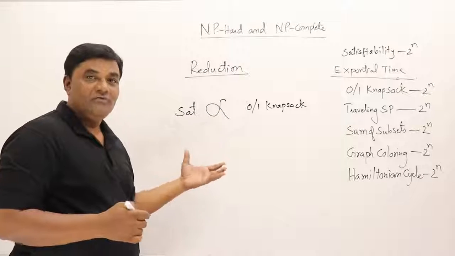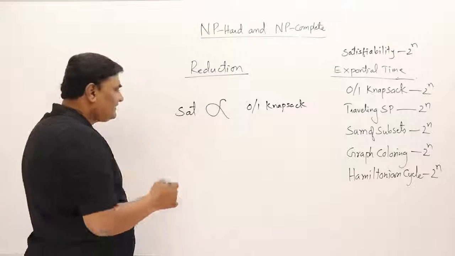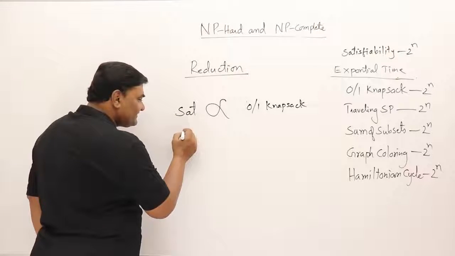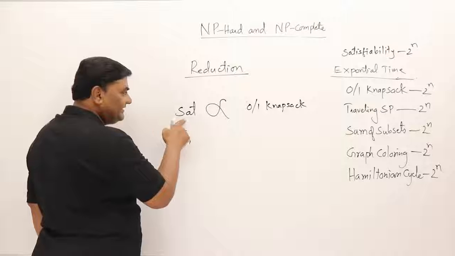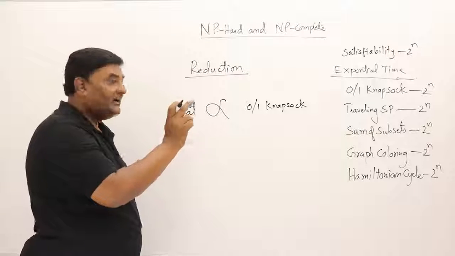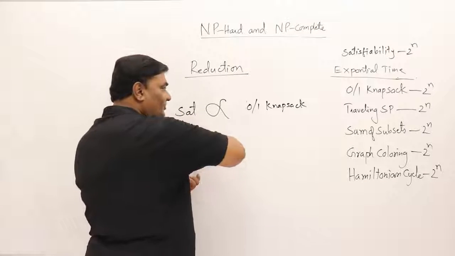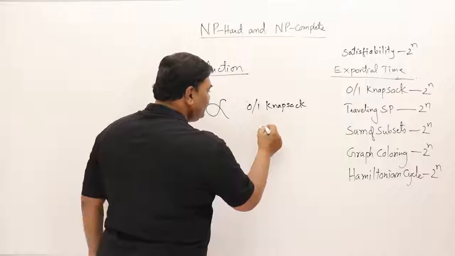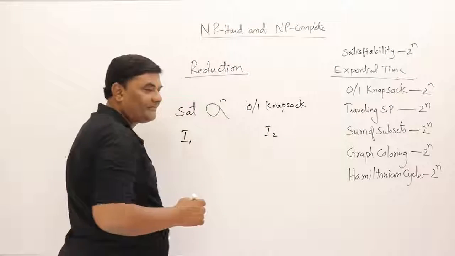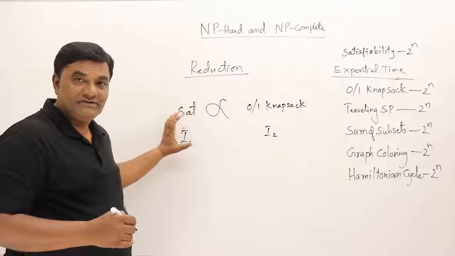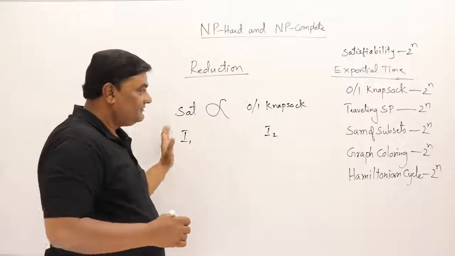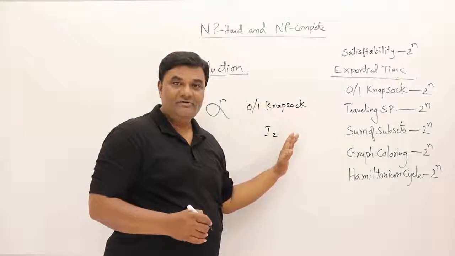What does it mean? What do we show? We show that we take some instance of satisfiability, that is, one formula, and that formula we convert into a 0-1 knapsack problem.